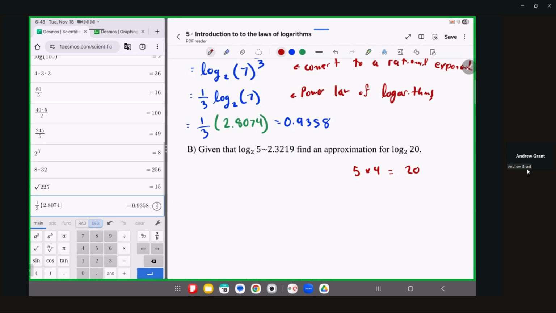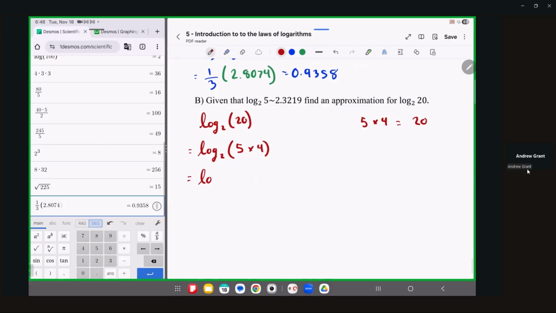And that'd be what we do to solve this. 4 has the incidental benefit that if we write this as log base 2 of 4, we can actually evaluate that using a common base. So here, what we're going to start with is log base 2 of 20, and then we're going to rewrite this as log base 2 of 5 multiplied by 4.